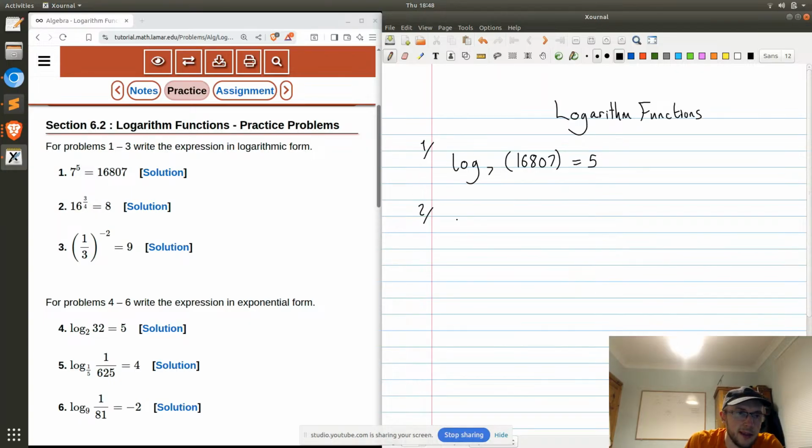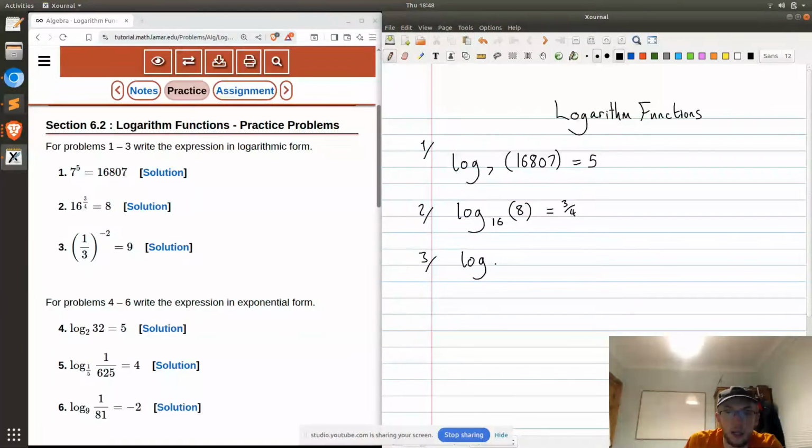Number 2, 16 to the 3/4 equals 8. In logarithmic form, I would say log base 16 of 8 is 3/4. And third, it says 1/3 to the negative 2 is 9.